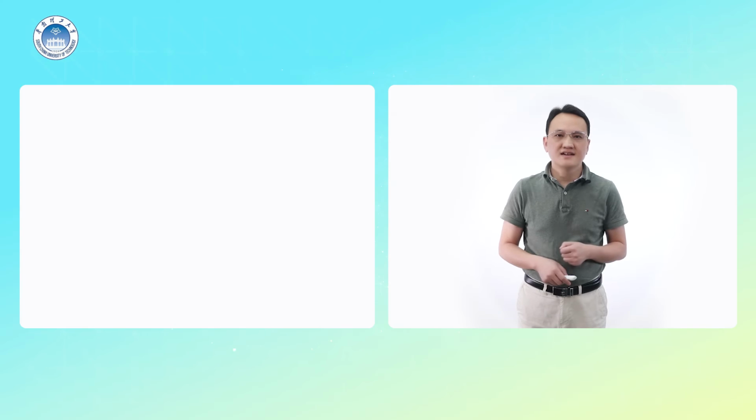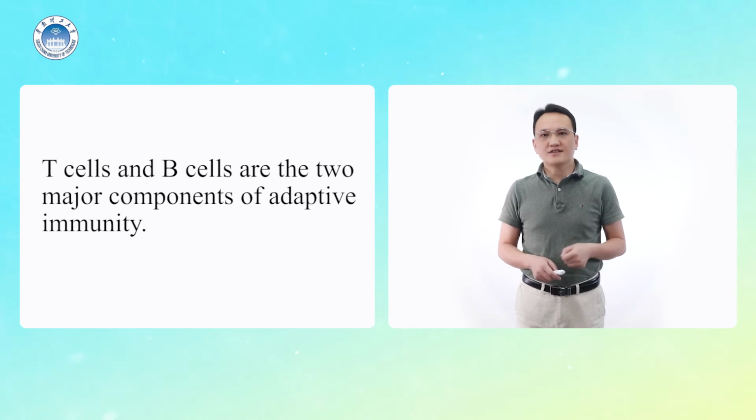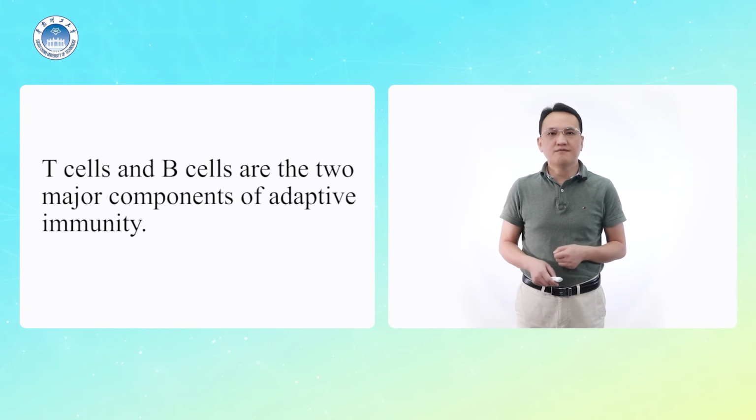It is characterized by specificity, immunoglobulin memory, and non-self recognition. The response involves clonal selection of the lymphocytes that respond to a specific antigen. The T cells and the B cells are the two major components of adaptive immunity.